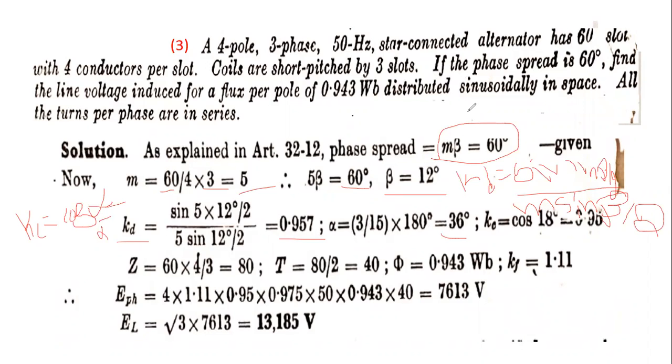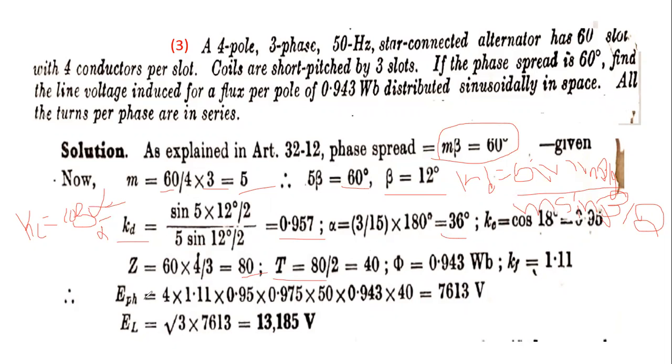Then the coil span factor is cos(alpha by 2). Then we calculate the Z value, that is number of slots, 60, into 4 conductors by 3 phases. Z is equal to 80. Then we calculate the turns, that is Z by 2.